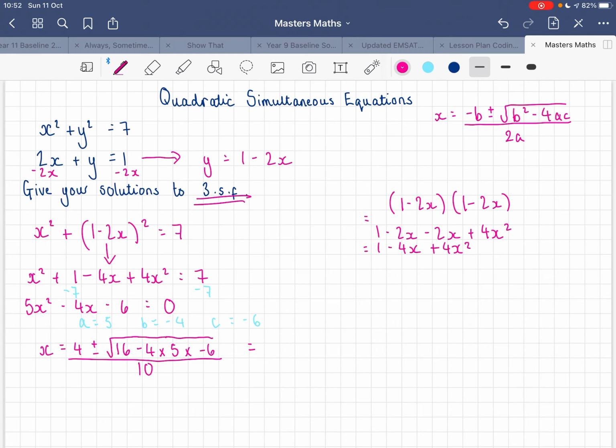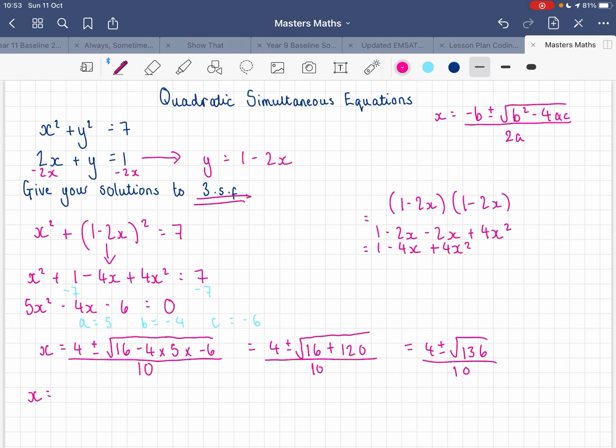Simplify where you can, so you get 4 plus or minus the square root of 16 minus, in fact it's not going to be minus because it's minus here, minus there, together makes a plus. And then 4 times 5 is 20, times 6 is 120. It's still divided by 10, so it's 4 plus or minus the square root of 136 over 10.